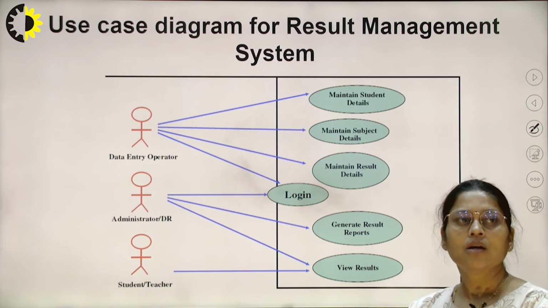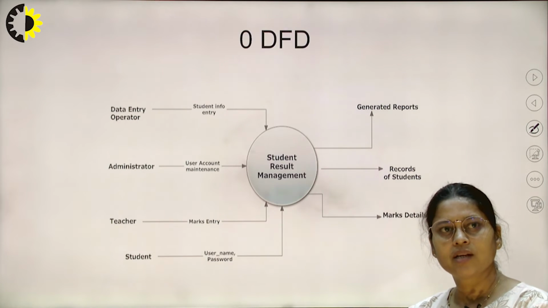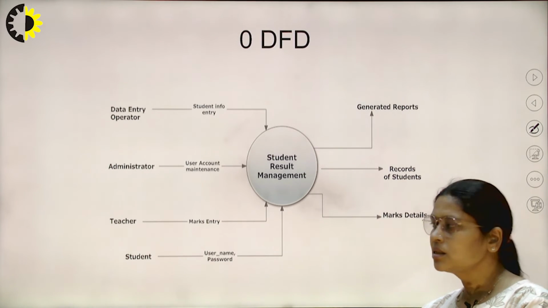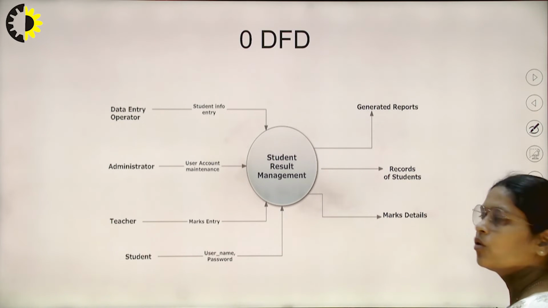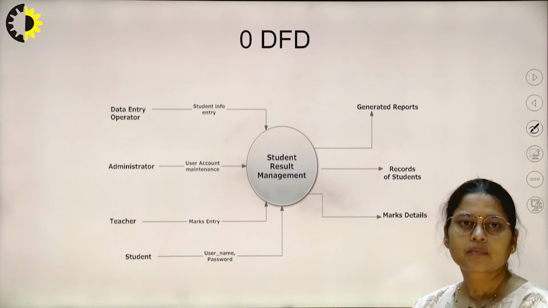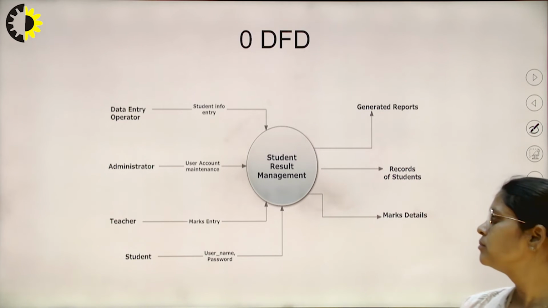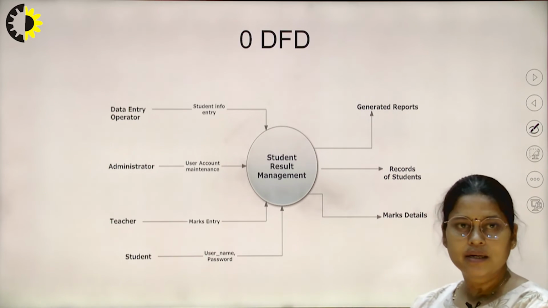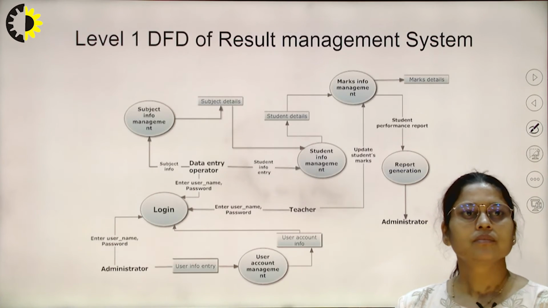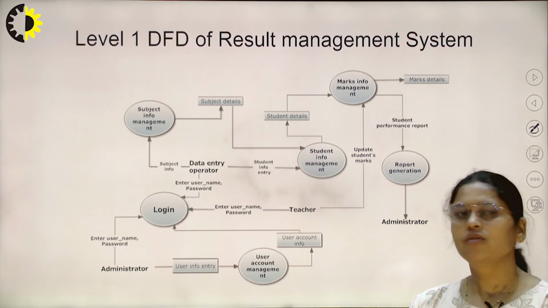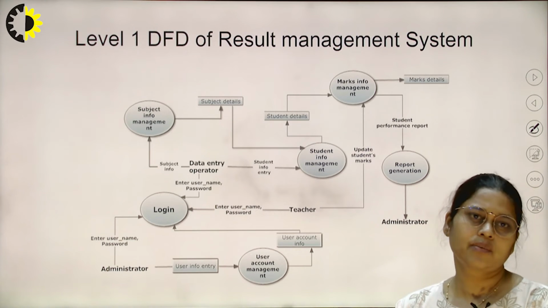This is the use case diagram for the result management system, and this is the zero level DFD for the result management system, or context level diagram. As I have already discussed this diagram in detail, and this is the one level DFD for the result management system.